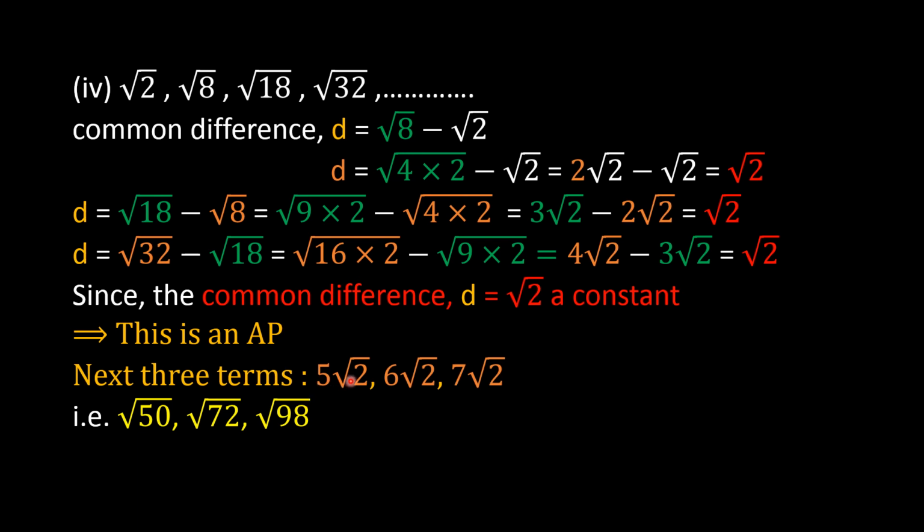The next term after 5 root 2 can be obtained by adding root 2 to 5 root 2, which will give us 6 root 2, and next to that 7 root 2. So these are the next three terms of the given AP.